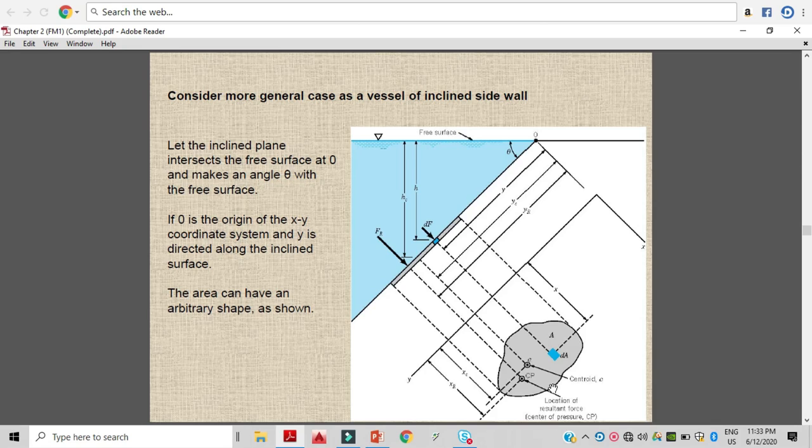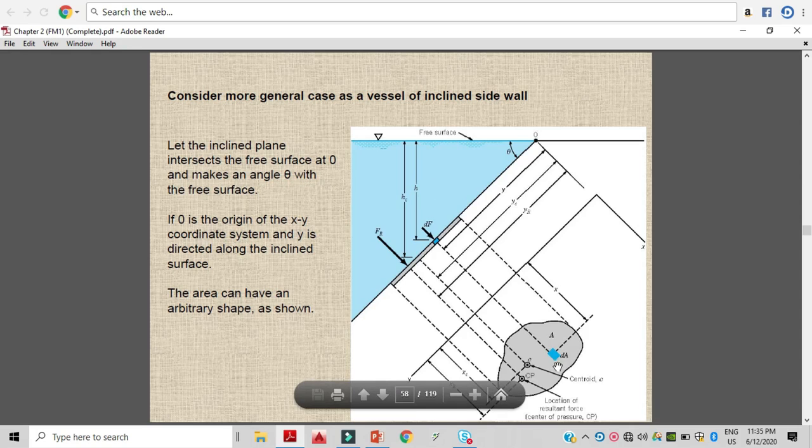So let's consider a small area dA, and the force acting on this area is dF. The force is always acting perpendicular to the surface. So what is our objective? Our objective is to determine the net resultant force acting on this surface and the location of the net resultant force due to the hydrostatic pressure.